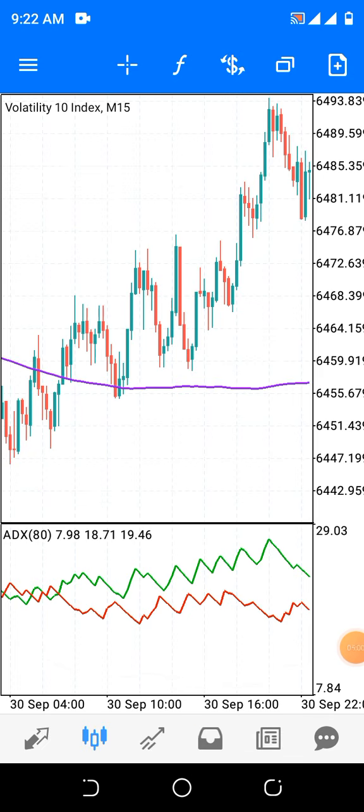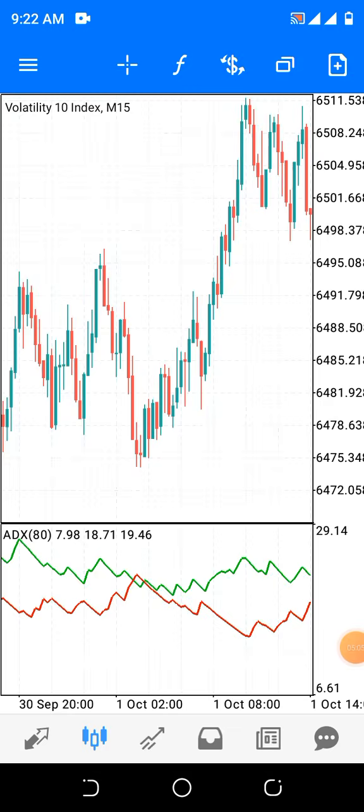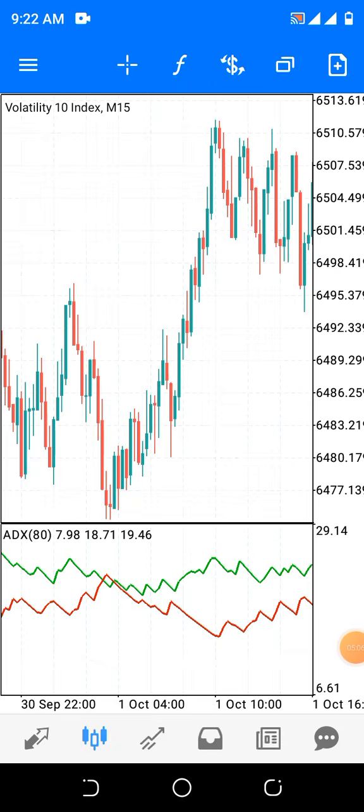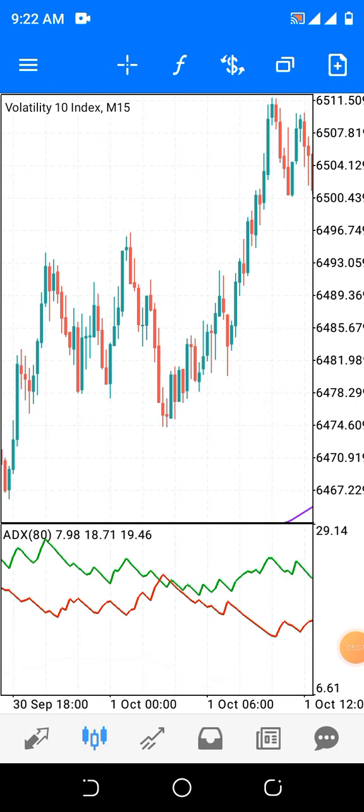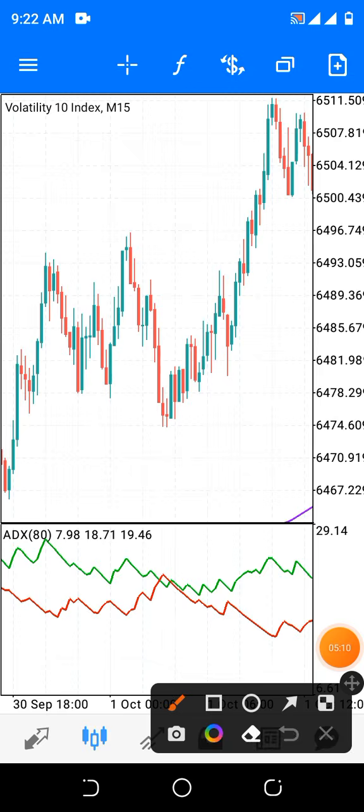Down here is a crossing where the green line crosses the red line. So we focus on buy. This is a buy entry here, and this is huge profit.